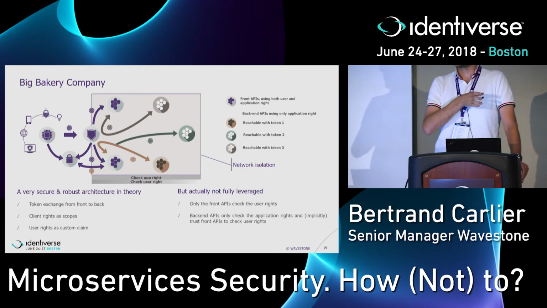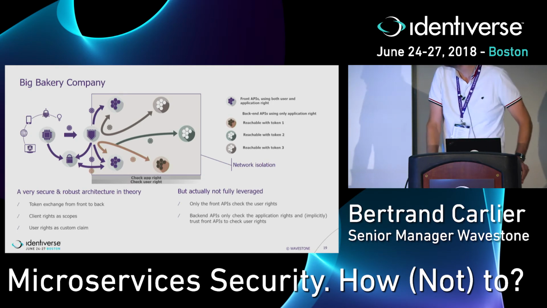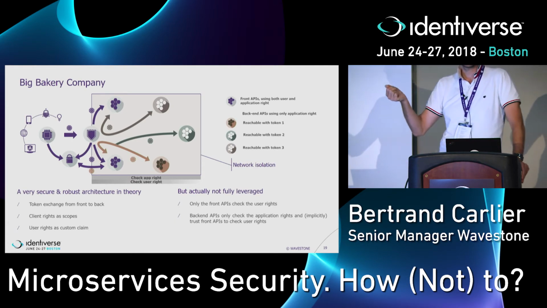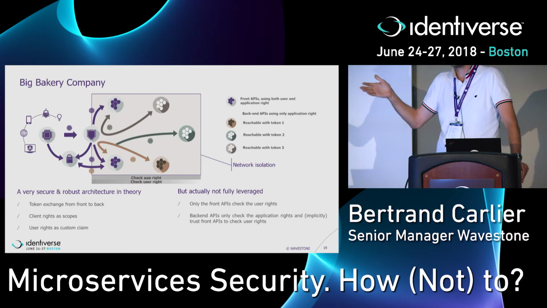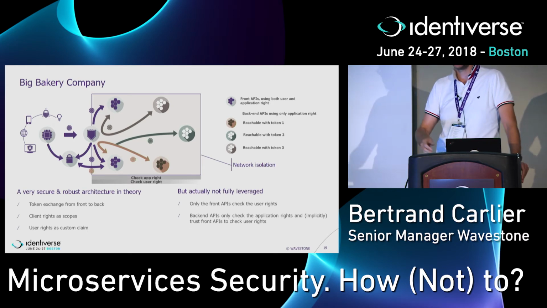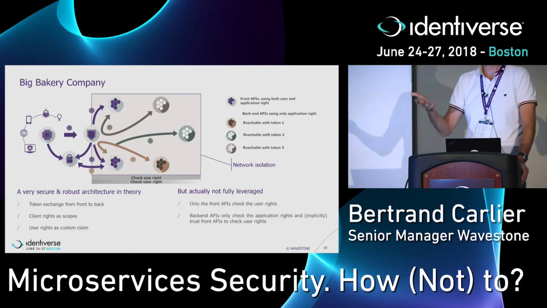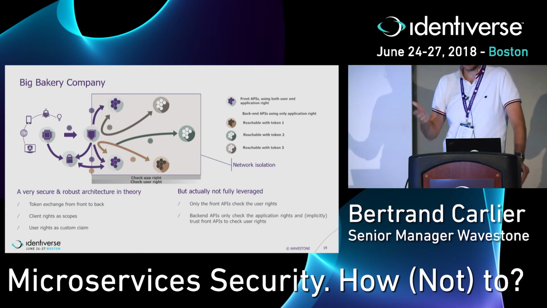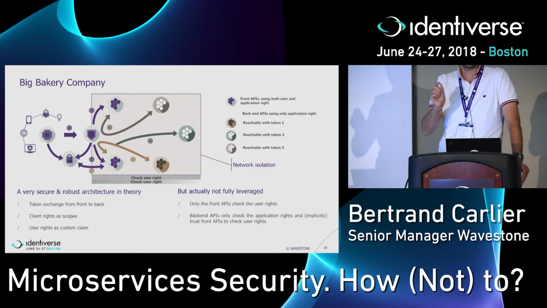They trust front APIs to do user checks, to do fine-grained user permissions enforcement, and they only check application rights, client rights. The more you go into the backend, the more this tendency is real. And so we provided them with more than they needed, and that was some work that today is not leveraged. So maybe there's a balance here to find on what you provide to your developers.